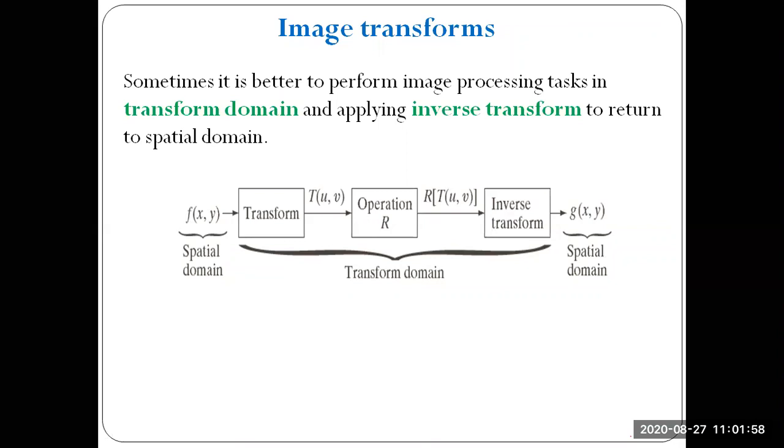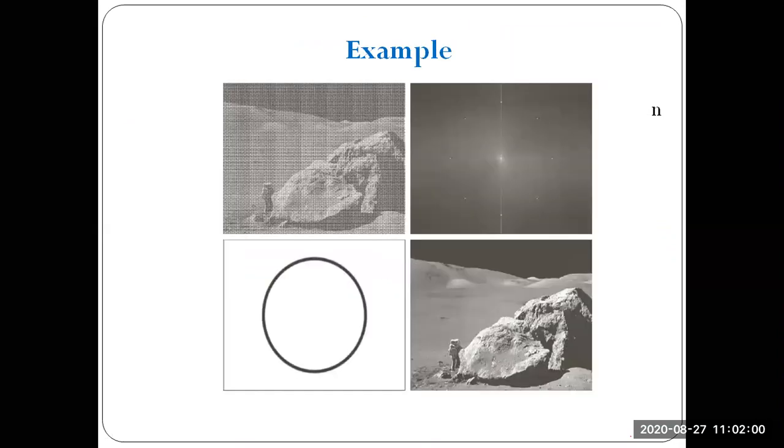I'm taking one example here. This is my spatial domain, and this circle indicates the Fourier transform. I will give full clarity on transformation techniques in the next class. I just want to show one example.